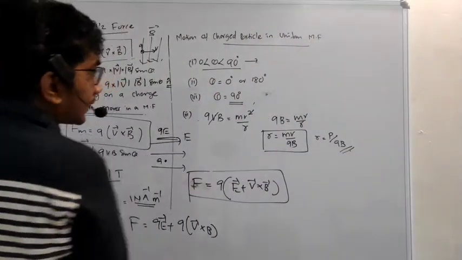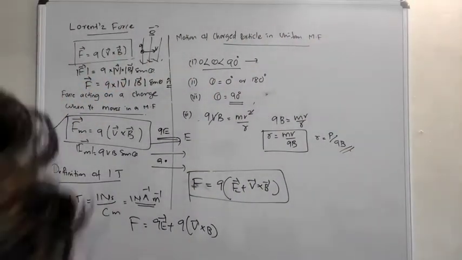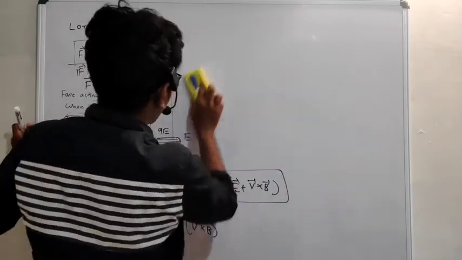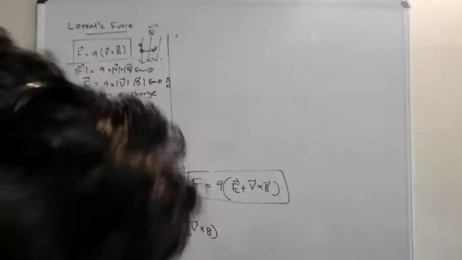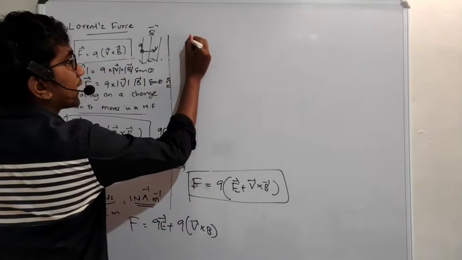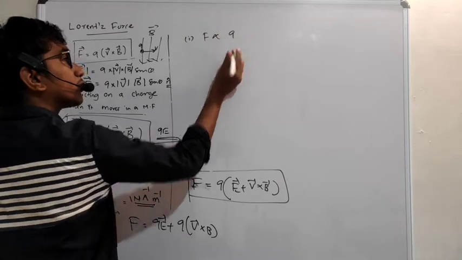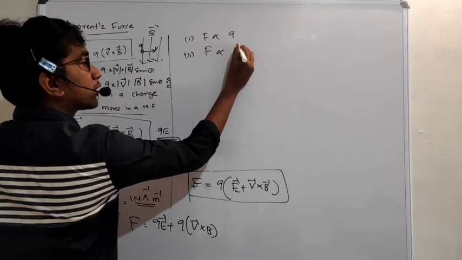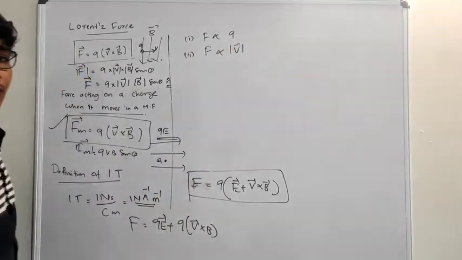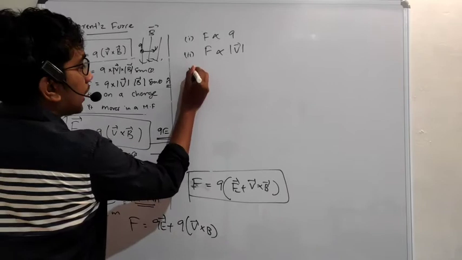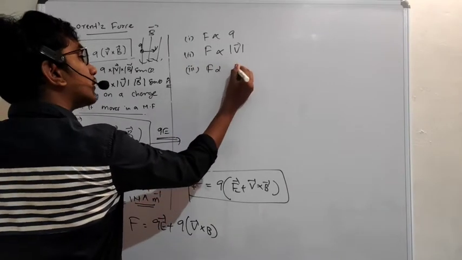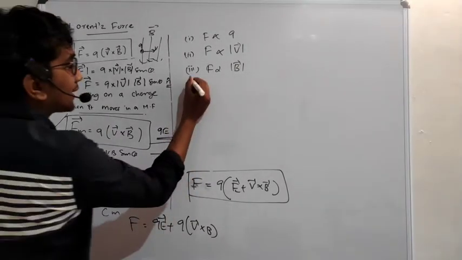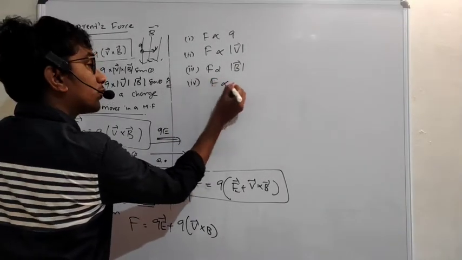So I would like to write it somewhere here. Okay, listen, all of you. First property, this force is directly proportional to the charge Q. Second, this force is directly proportional to the magnitude of velocity, the velocity with which it is moving, and it is also proportional to theta.